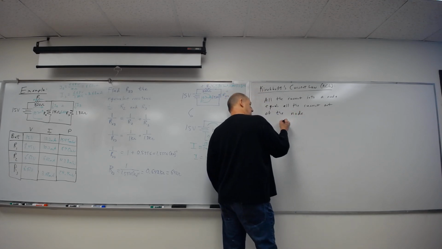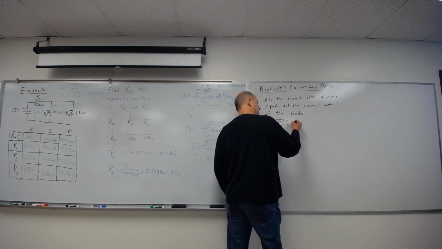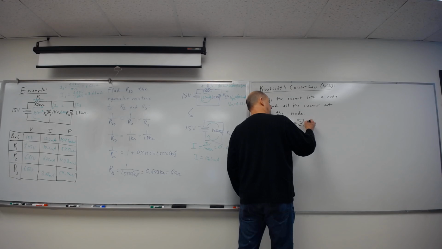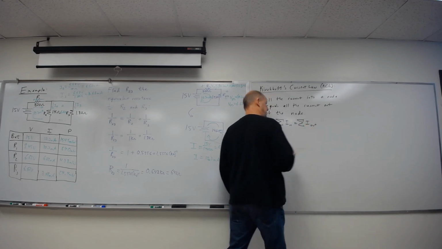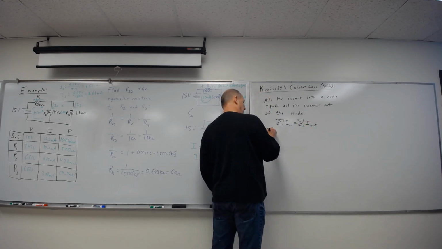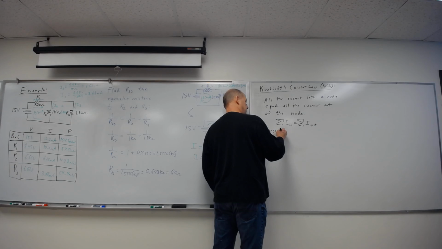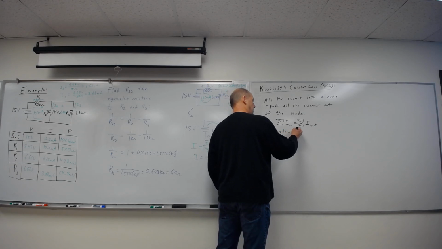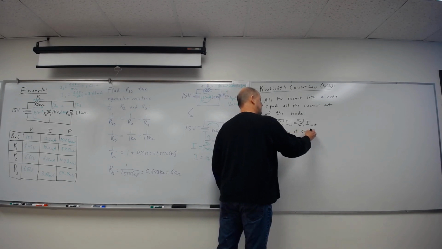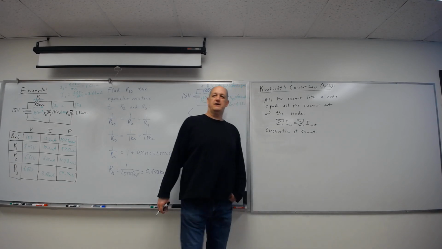You'll see it written as an equation at sometimes where that's summation of all the current in equals all the current out. Also is called the conservation of current. Really, these are all just different ways of stating the same thing.